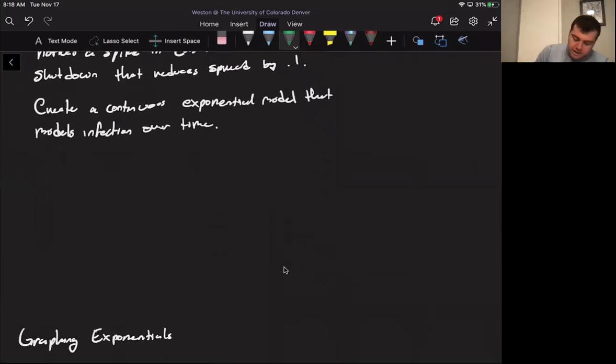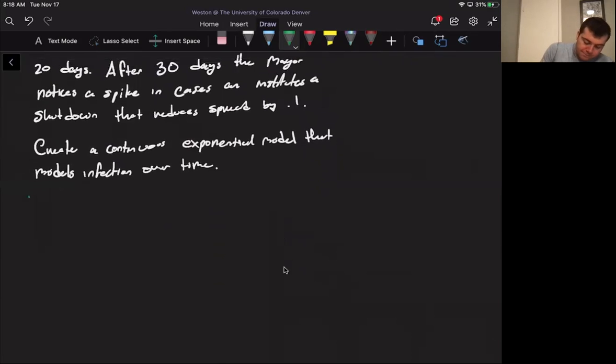So before 30 days, it's pretty easy. It's the same thing that we just did. So before 30 days, we have f of t equals 1,700. So that's our rate that we initially had infected.